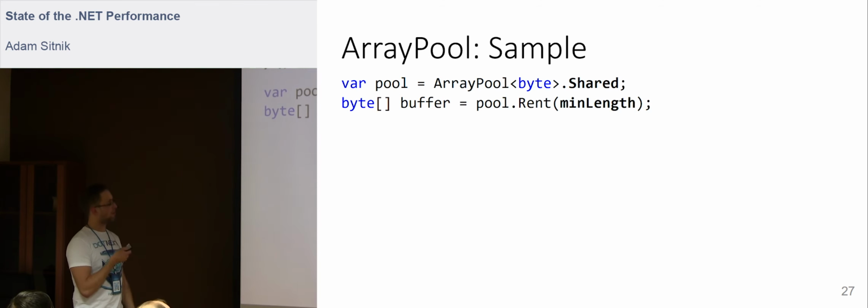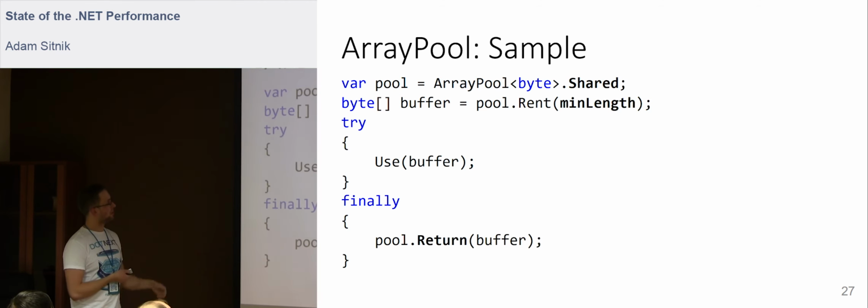So just keep this in mind. And then we simply use this array and at the end we return it to the pool. And in that way we can reduce the large object heap allocations in a very big way.